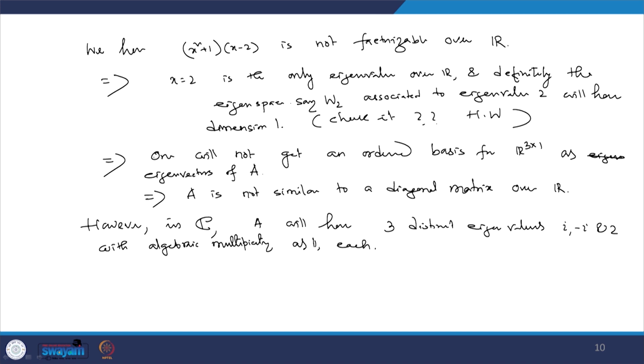And we know that if the eigenvalues are different, then the corresponding eigenspaces are linearly independent.